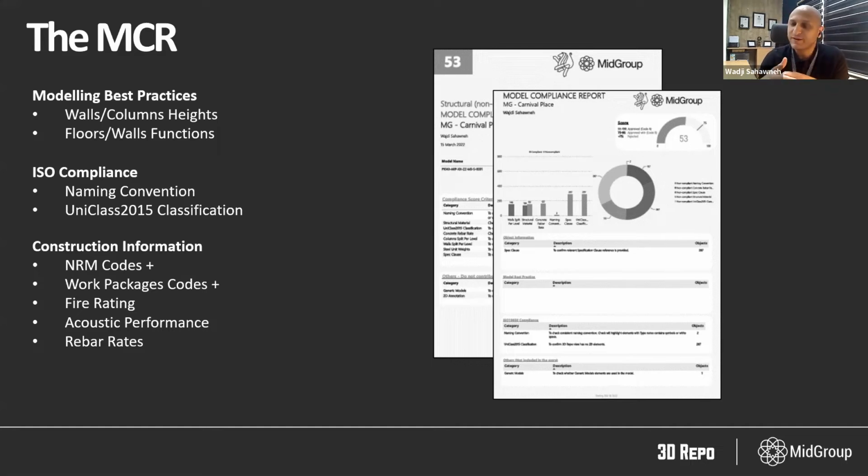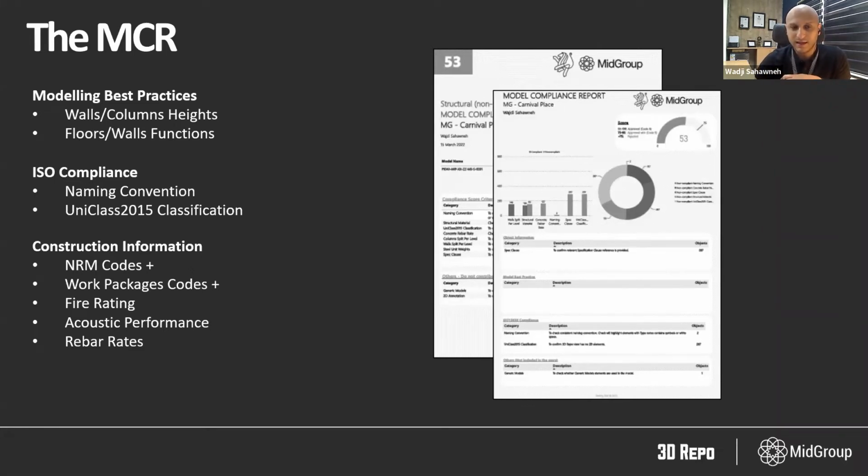And the extra bit that we were able to achieve working with our consultants, to provide construction information that is useful and usable by mid-group, such as the new rules of measurement codes, which allows us to create structured cost plans, consistent across the stages of the project. The work packages, which is also related to mid-group, we were able to create cost plan packages to allow our commercial team to have proper discussion and proper packages with our supply chain.